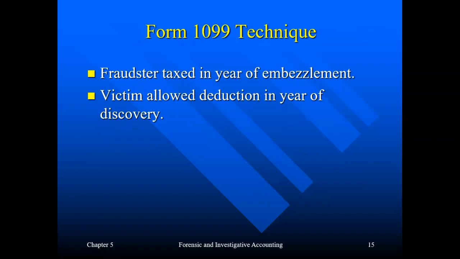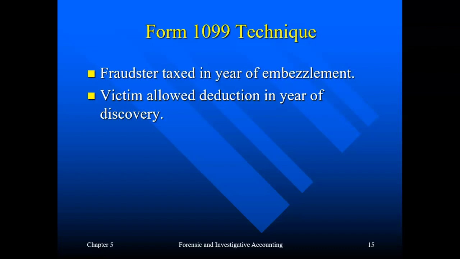There's a Form 1099 technique that if you find someone has embezzled from you, well, embezzlement income is taxable. So your corporation would have the right to issue them a 1099 that would catch their attention. And you maybe could threaten them with that. You say, well, you either pay me the money back or I'll issue a 1099 and then you have to report that on your taxes because it's going to be reported to the IRS.